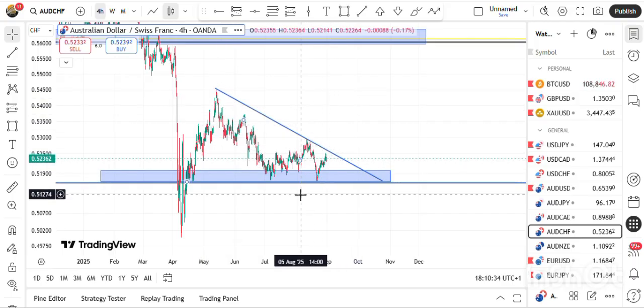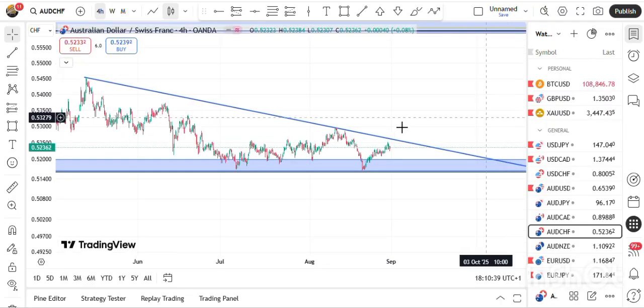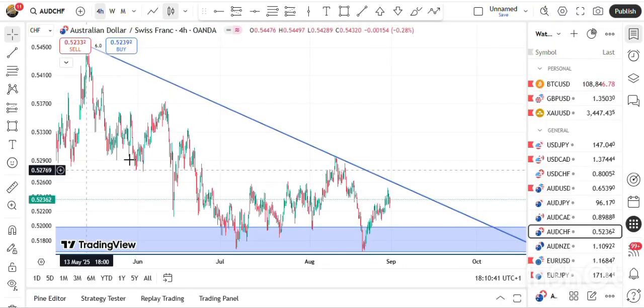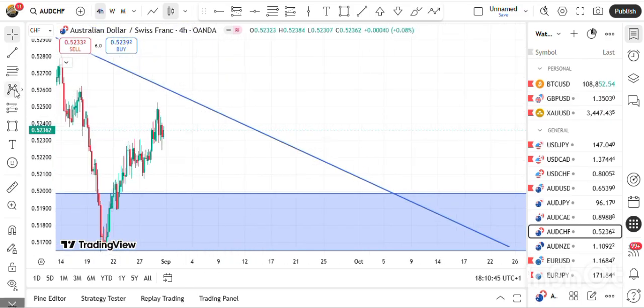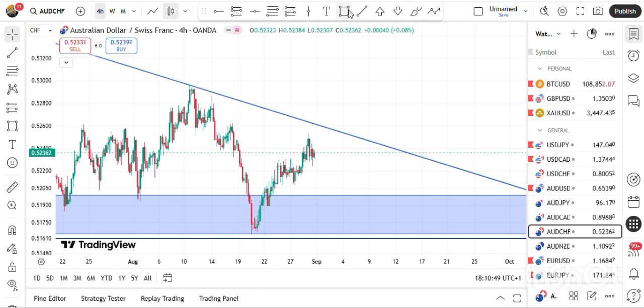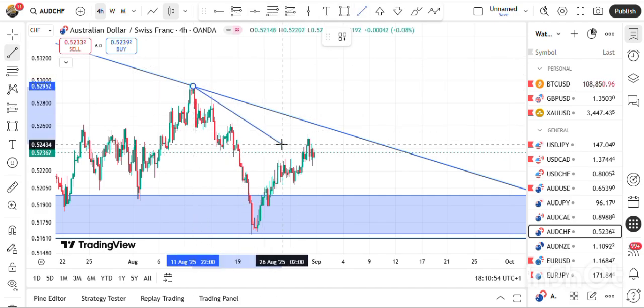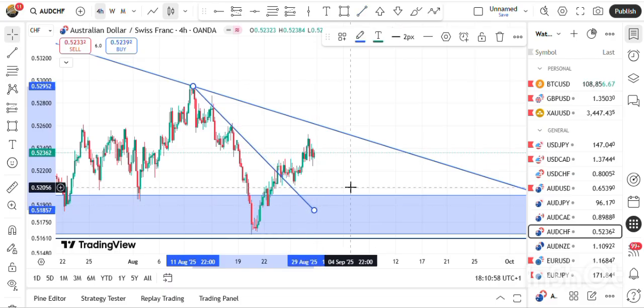But if I were to be entering this trade, this is what I would do. The moment it gets to my point of interest, I just draw this like so, put this like this, and just wait for it to break.